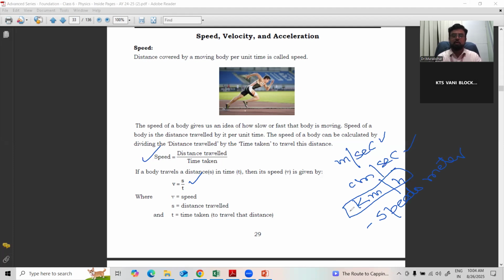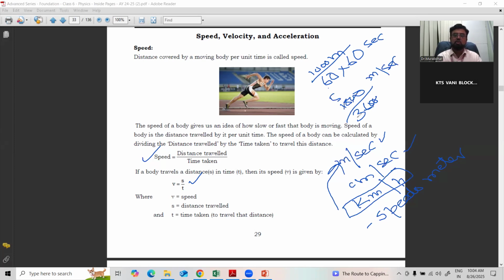Kilometer per hour you can convert into meter per second. A kilometer is 1000 meters, and 1 hour is 60 minutes, each minute is 60 seconds, so 1000 by 60 into 60, that is 3600 seconds. Cancelling, 1 kilometer per hour is equal to 5 by 18 meter per second.